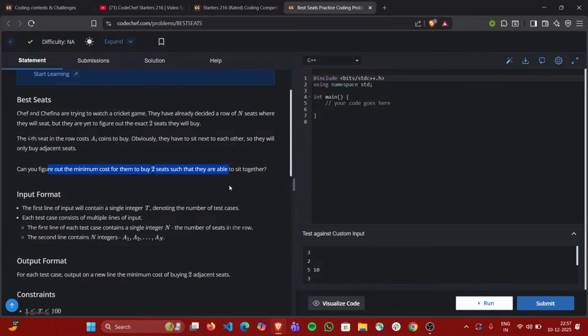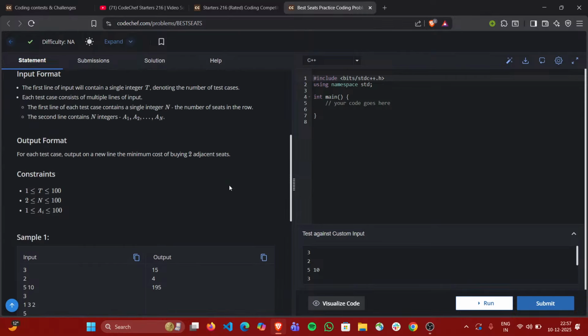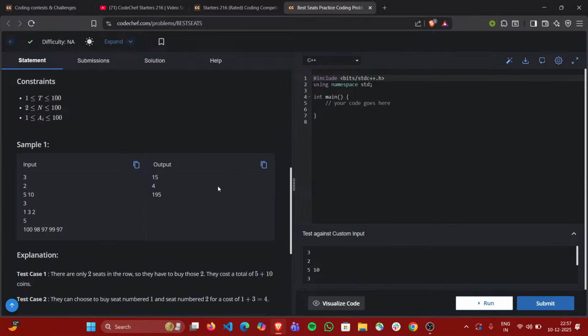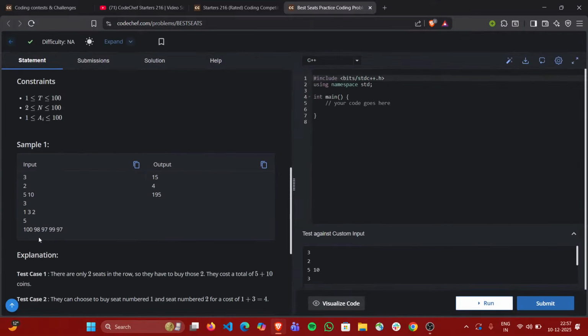Okay, so what is the logic for this question? Let us try to figure it out. If I have to find two adjacent seats always, what I can do is go to every adjacent two seats and take the sum of their costs. Like in this case, I can first check the sum of these two seats.